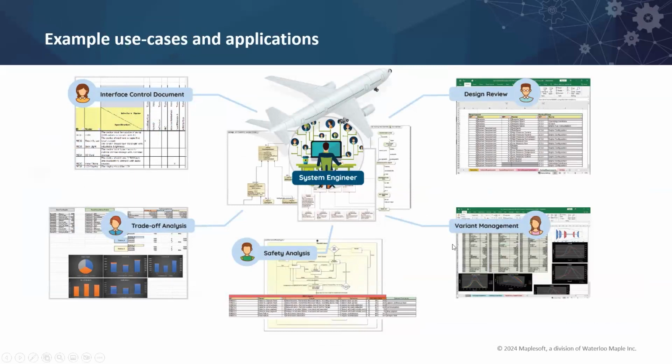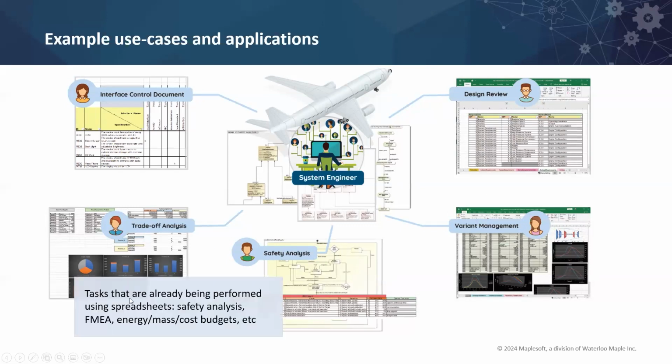We already have a template in the dropdown that if you just drag and drop a package with the list of blocks, we could define an interface view. You could do simply a design review of the model information. We can perform variant management, safety analysis, a trade-off analysis, and so on.